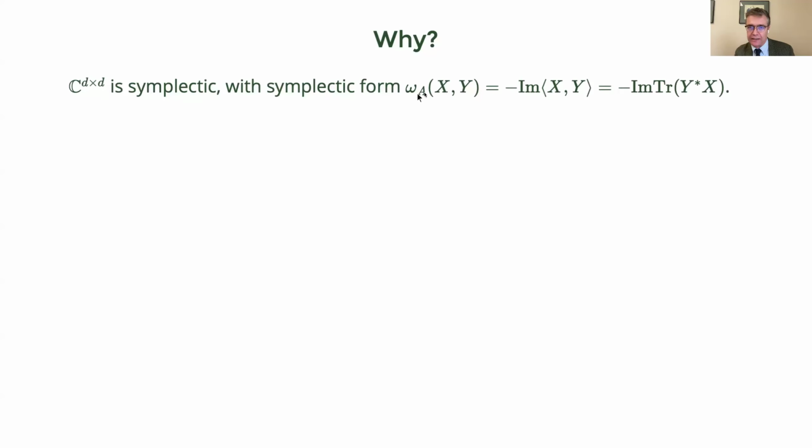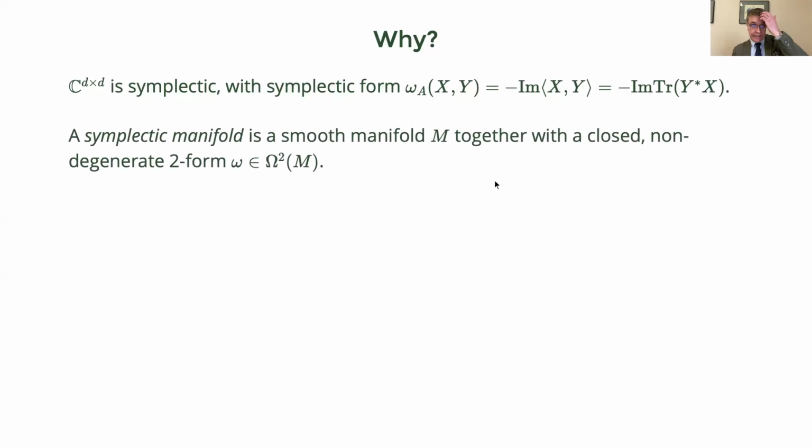If A is some choice of D by D matrix, and X and Y are tangent vectors, which you can also interpret as D by D matrices, then what's the symplectic form evaluated on X and Y? It's minus the imaginary part of the Frobenius inner product of X and Y, which is just, of course, the trace of Y star X.